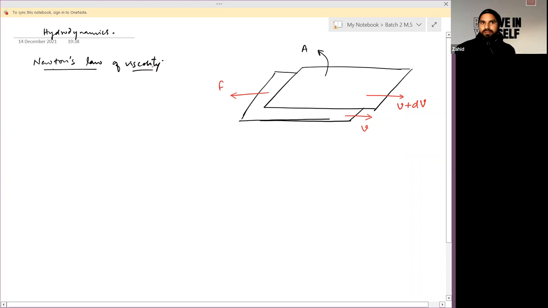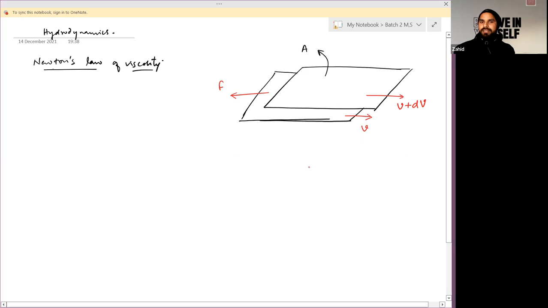So according to Newton's law of viscosity, the viscous force between any two adjacent layers of liquid will be directly proportional to area of liquid film, that is area of this entire liquid region, and second, directly proportional to velocity gradient. Now let me define you what do you mean by gradient.